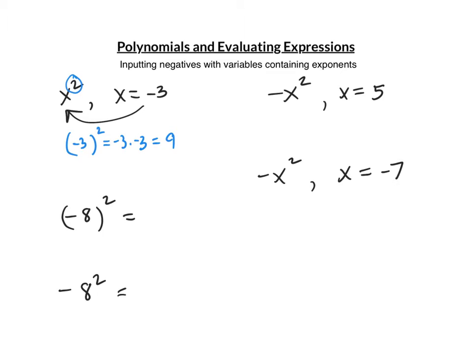Now, if I say negative x squared, you have to remember that this is really negative 1x squared. The coefficient is negative 1, which is really negative 1 times x squared. So in this case, if x is 5, it's negative 1 times 5 squared, which is negative 1 times 25, or negative 25.